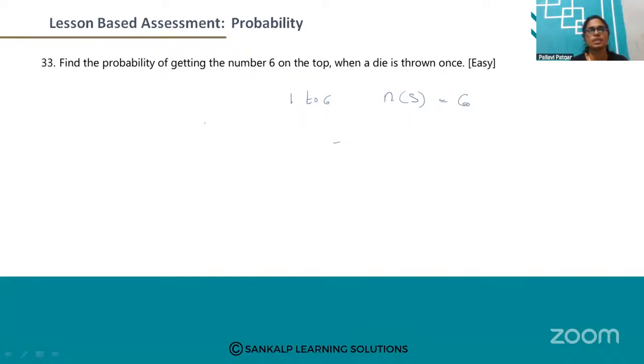The probability of getting the number 6: the number of favorable outcomes n of E is equal to 1. So the probability of getting the number 6 is 1 by 6.